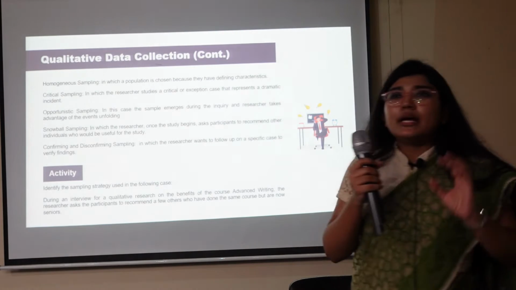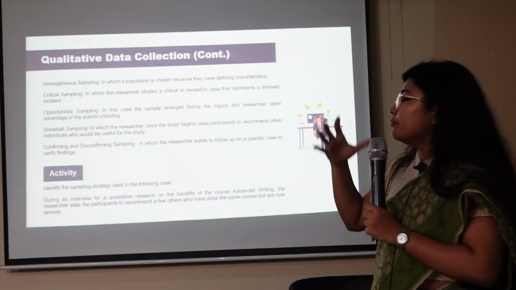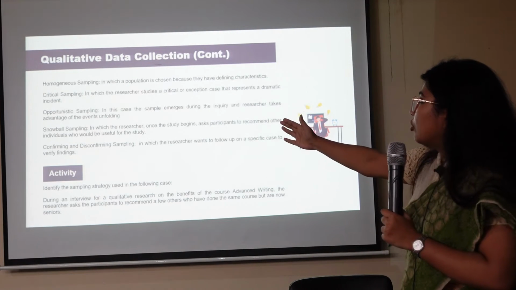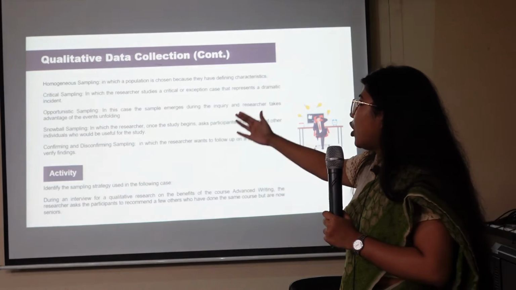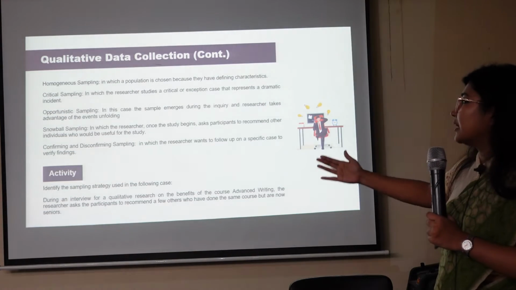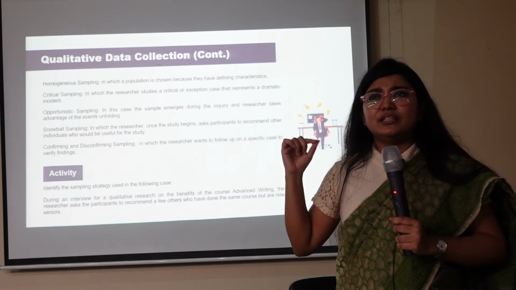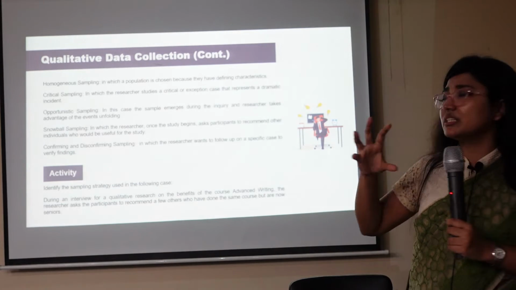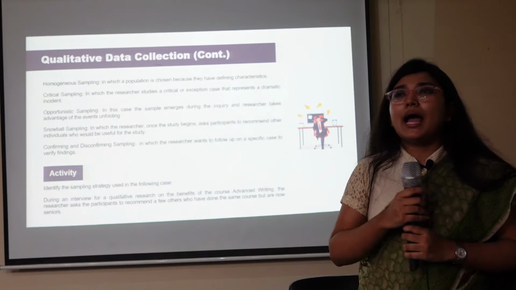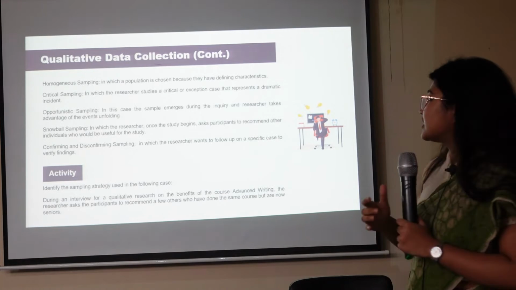So purposeful sampling, as I was saying, has many faces: homogeneous sampling, critical sampling, opportunistic sampling, snowball sampling, confirming and disconfirming sampling. I hope you will take these notes, or at least document it so you can go home and look into the sampling strategies.